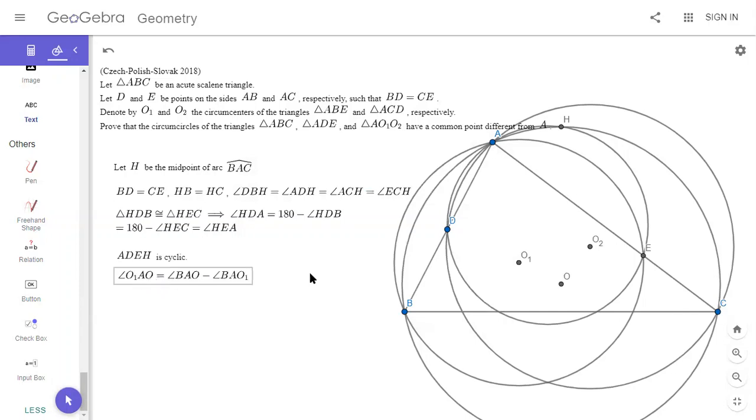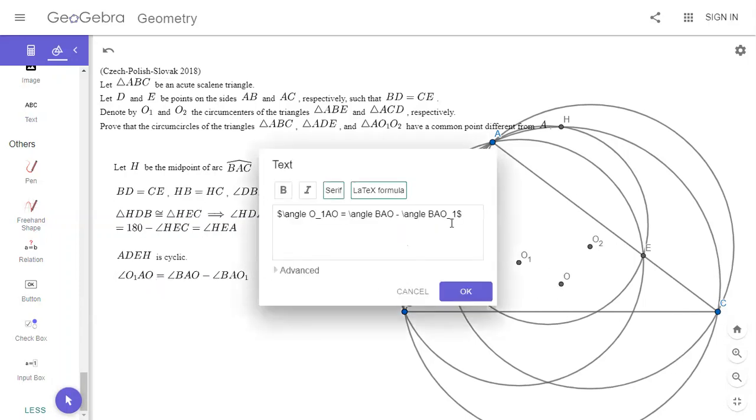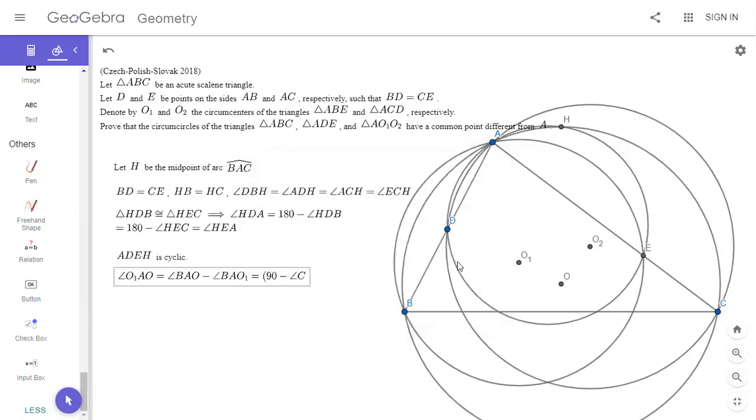And then we can write each of these in terms of, so BAO is 90 minus angle C, and BAO1 is 90 minus angle BEA.